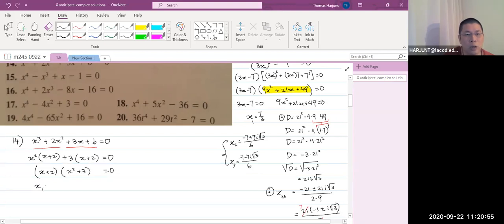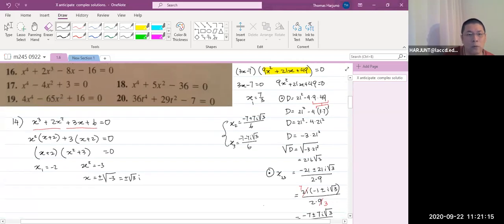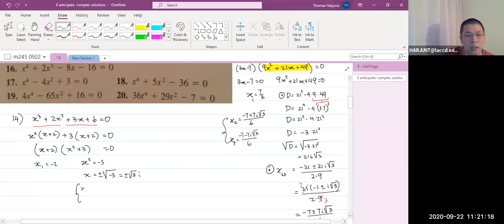So x1 is negative 2, x squared equals negative 3, x equals plus minus square root of negative 3, which is plus minus square root of 3 times i. Therefore, my x2, x3 are radical 3i and negative radical 3i.